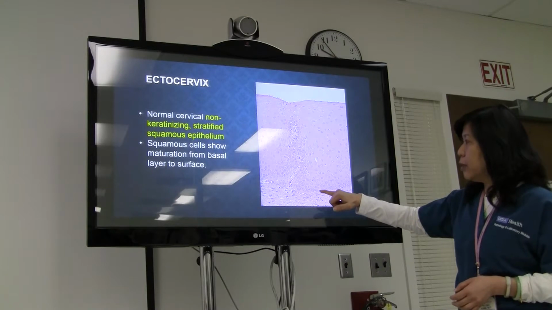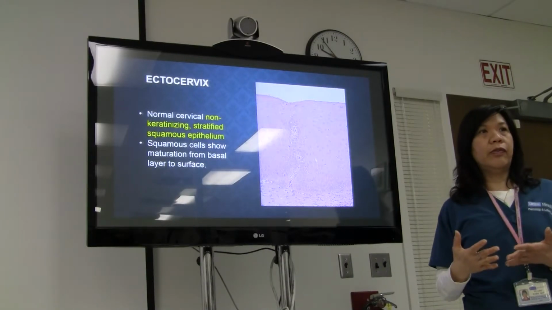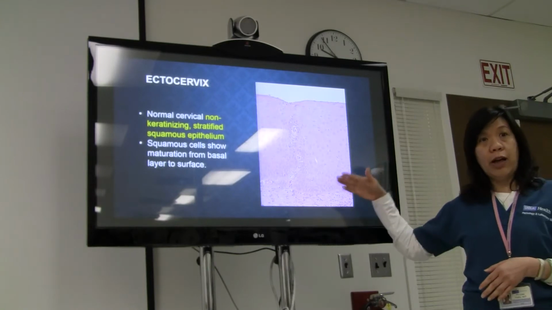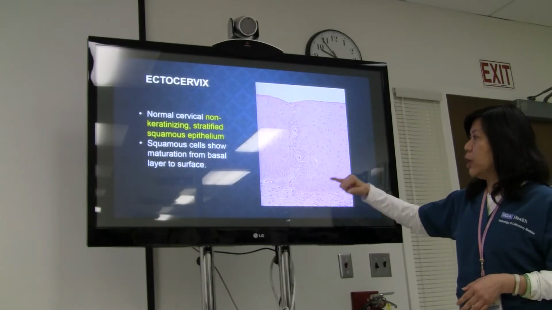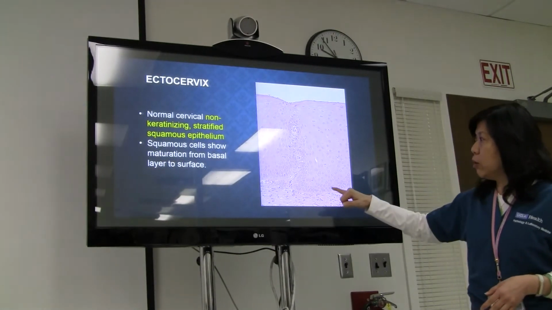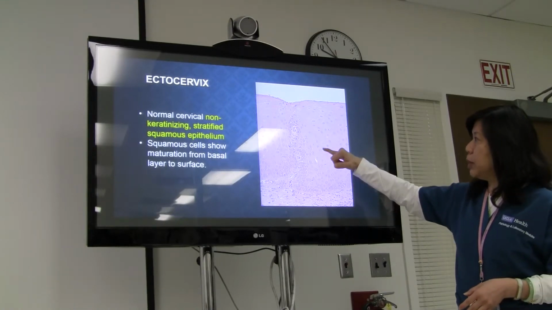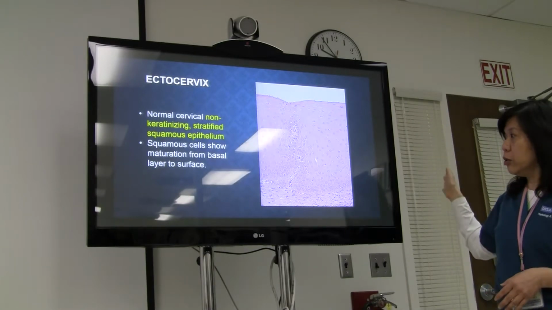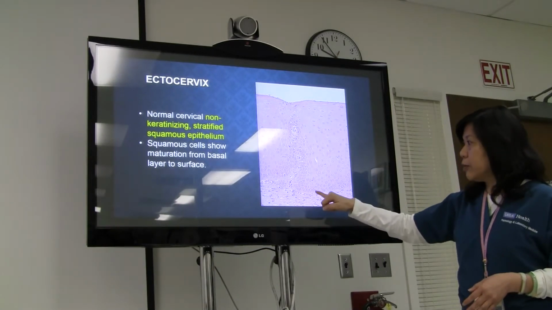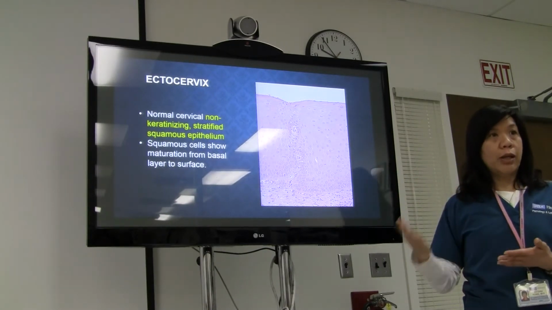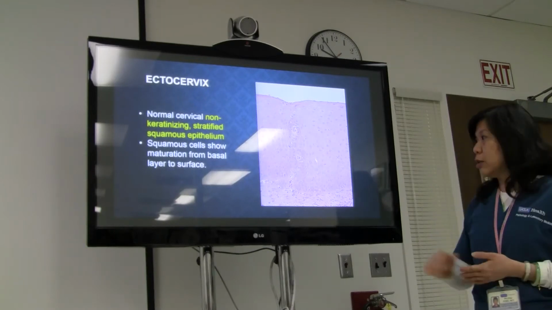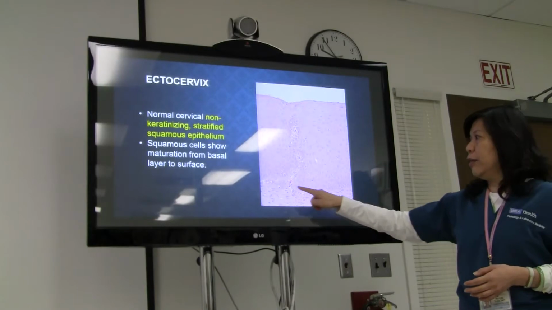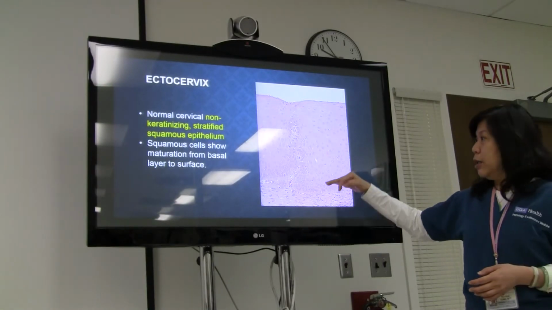These are cells with a very primitive nature, meaning that when they develop, they can develop according to the anatomical location. They could develop into squamous epithelium, or if it's in the endocervix, the same type of cells could develop into endocervical cells. So this is sort of the defense line for the epithelium.